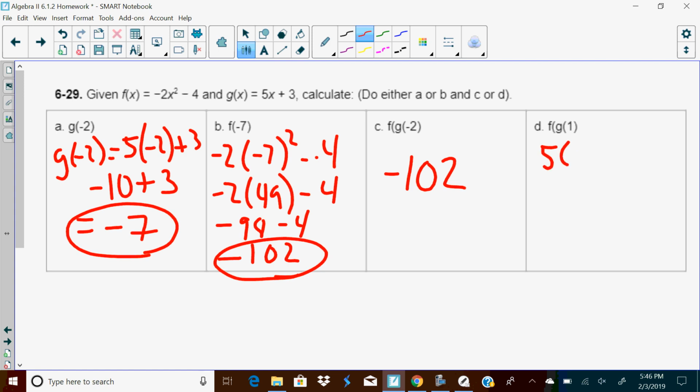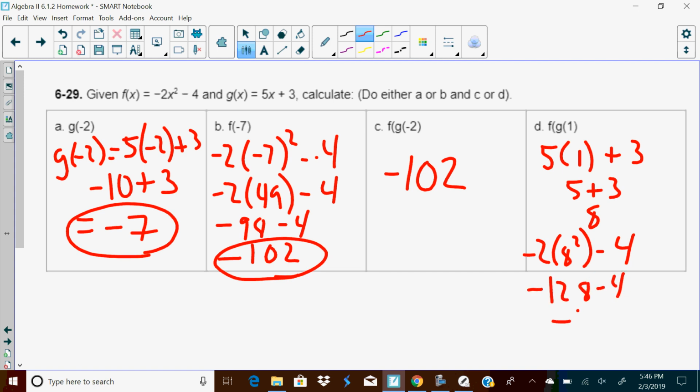I'm going to do 5 times 1 plus 3, which is 5 plus 3, or 8. And then I plug 8 in, so I get negative 2 times 8 squared minus 4. So I get 64 times 2, which is negative 128, minus 4, negative 132.